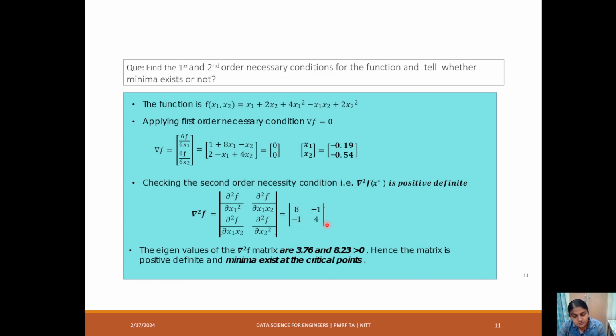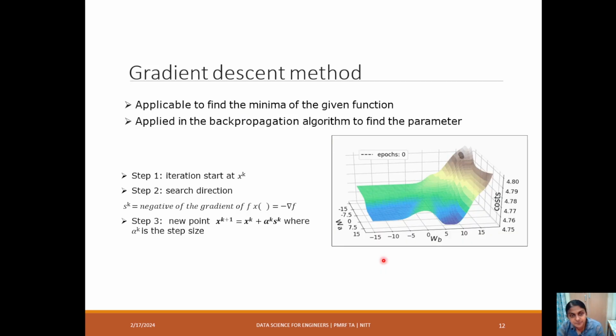One of the ways to find out whether your matrix is positive definite is to find the eigenvalues of the del square matrix, and if they are both greater than 0, then the Hessian matrix is positive definite. If it is positive definite, then you can say that the minima exists at the critical points. We'll see other cases also.